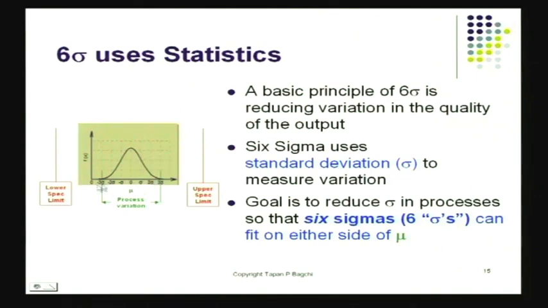If I put a limit there, 6 sigma away, whatever trickles beyond it, the tails of this little curve and that little curve, will be almost a few parts per million beyond the specification limit.